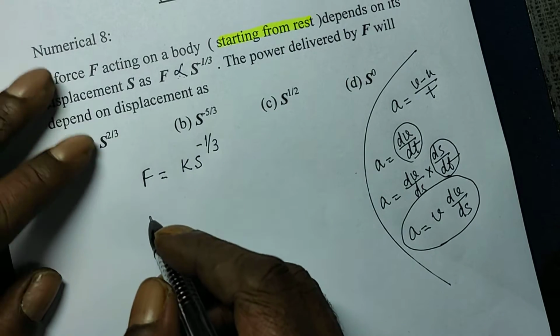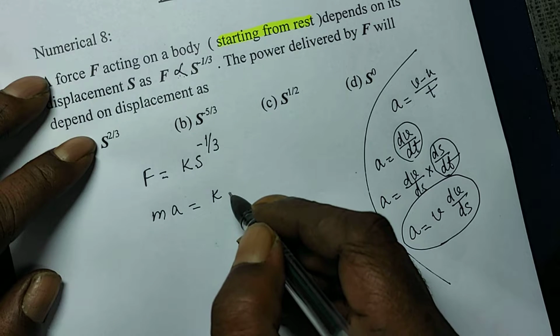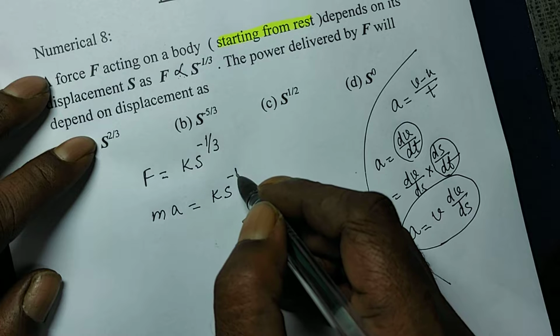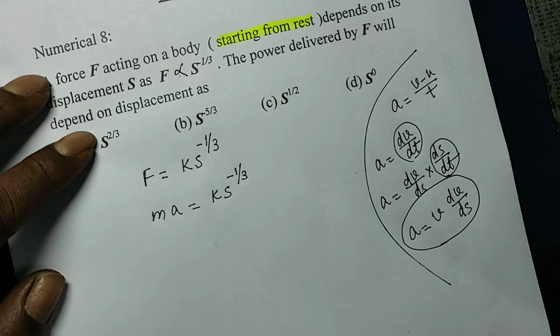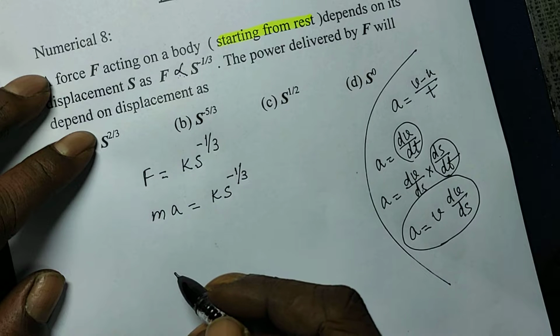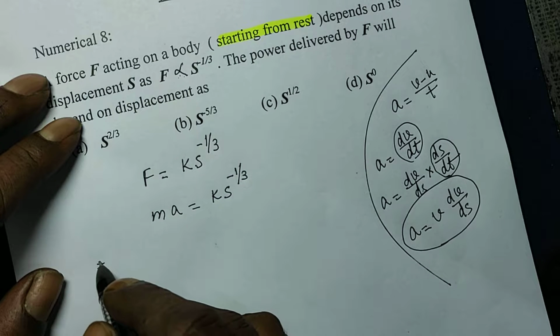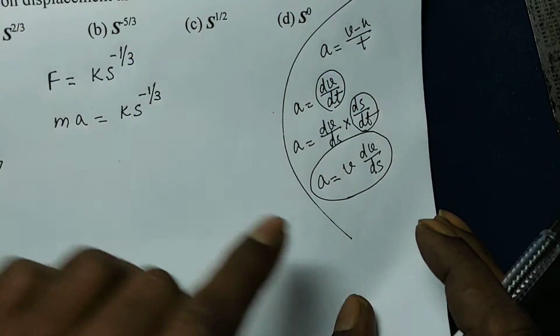Now, since force is equal to mass times acceleration, we have to replace this a with the expression I just explained.